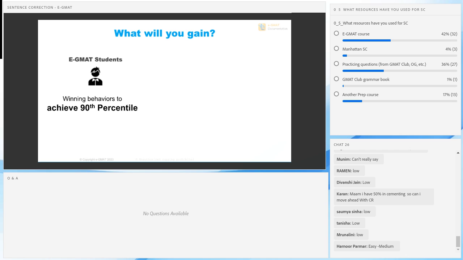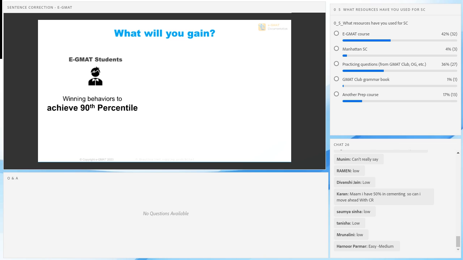Okay, the way we are accustomed to studying for our school exams or college exams, preparing for GMAT is very different from that. Which is why we have to make sure that everyone understands what it means to study the right way, in order to increase their chances of success.